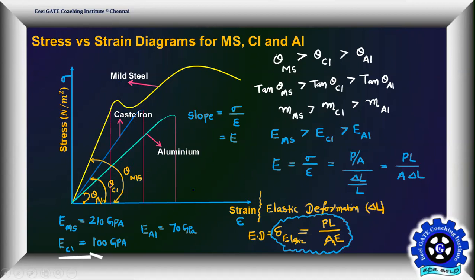That is total deformation. Which one has more total deformation? Mild steel. So mild steel has more total deformation, but its elastic deformation will be lesser compared to cast iron and aluminium. That part we need to derive. Here, see this.